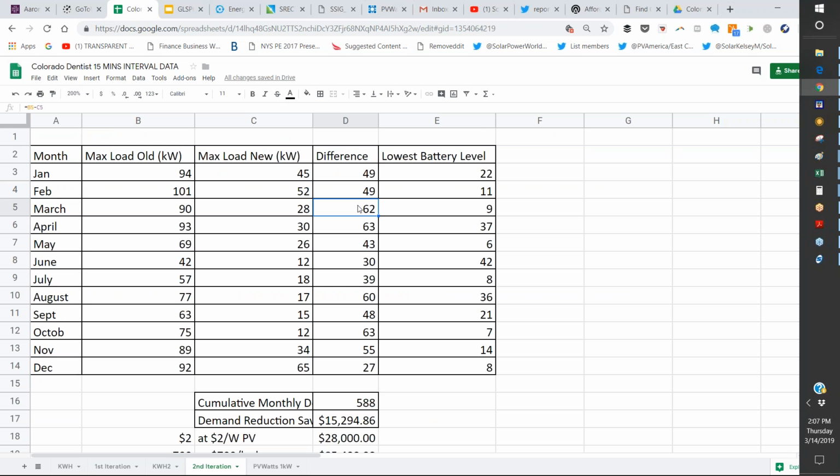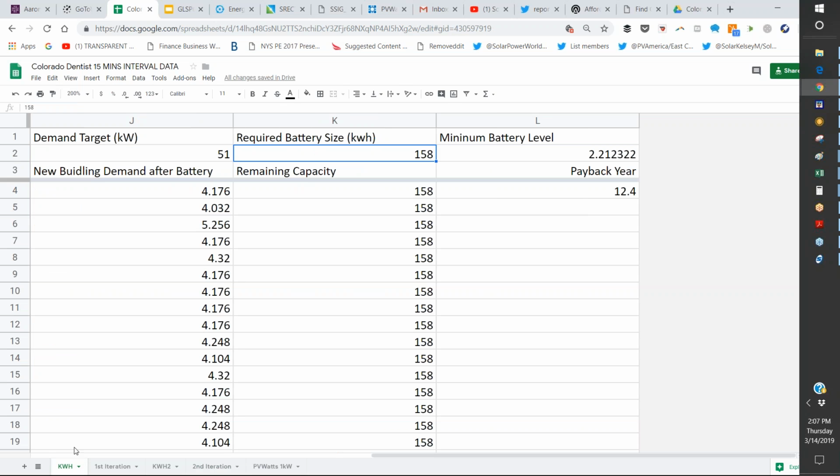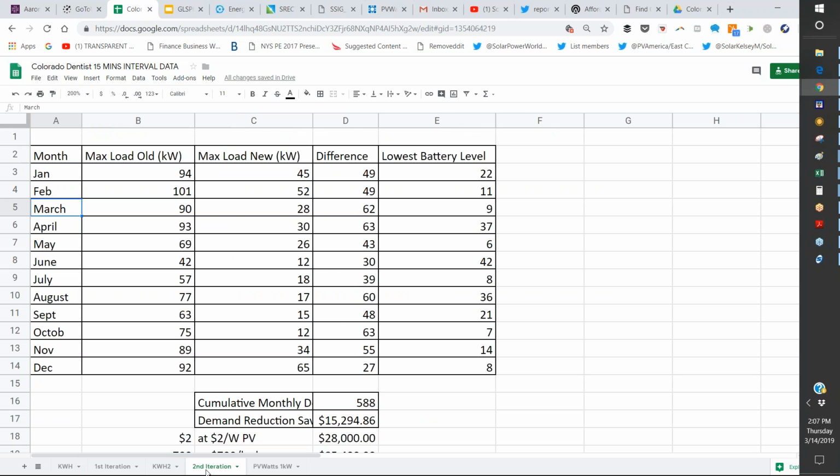And so what I've done here is in the first iteration, we're setting a demand target of 51 kilowatts and kind of honing in on our best payback. Except at that point, I'm saying, okay, well, we only need to be above 51 kilowatts for 1 month of the year in order to stay in that demand charge.